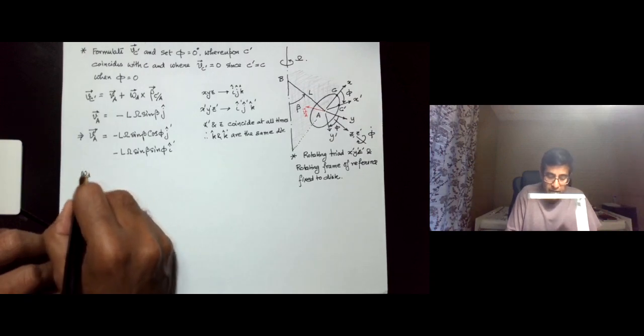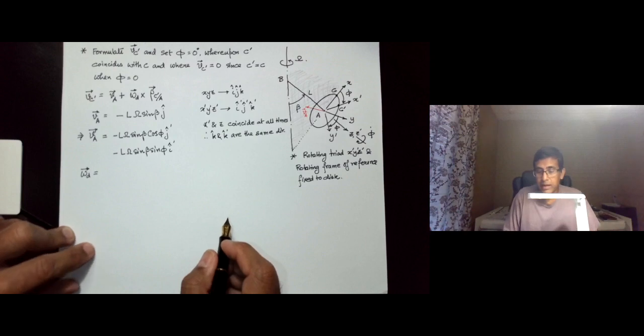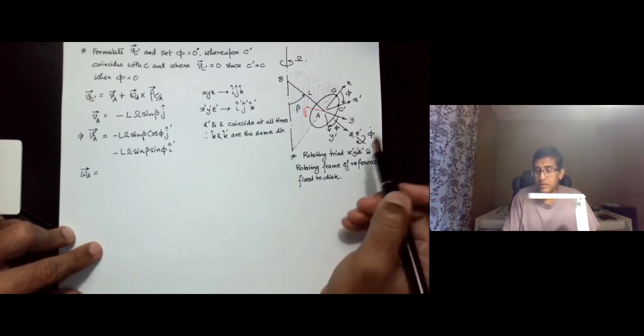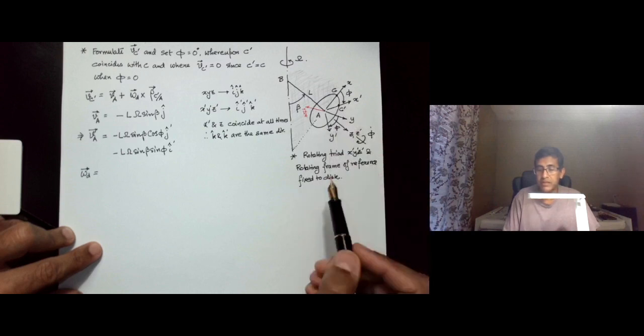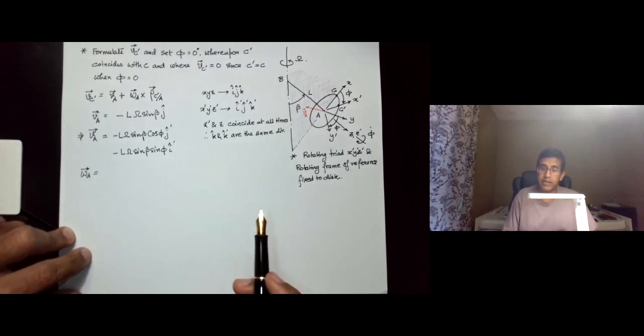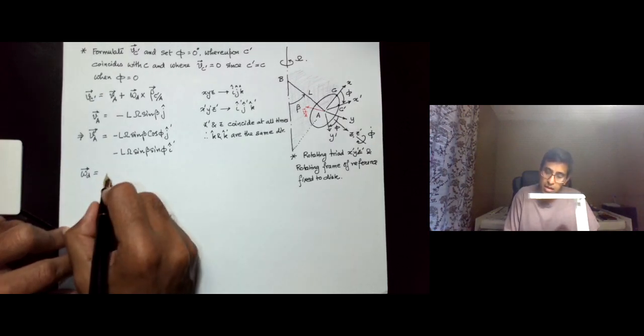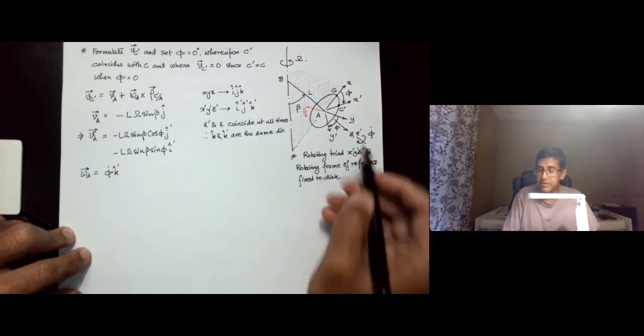Now omega d, which is the disk's angular velocity, has two components. One is because of this phi dot, which is produced by the spinning of the disk, and the other is this constant capital omega, which is created by the rotation of the hub about the vertical axis. So we have essentially phi dot in the k prime direction.